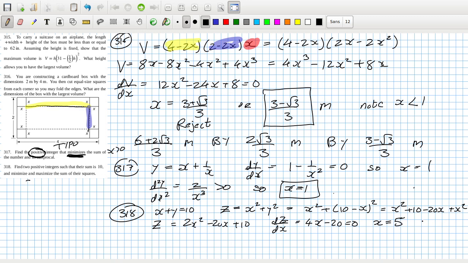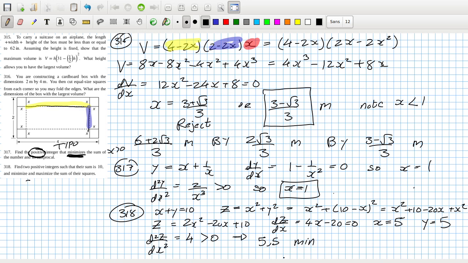No, you don't actually. Y has to equal 5. Now, the second derivative is equal to 4, which is positive, which means 5 and 5 is a minimum.